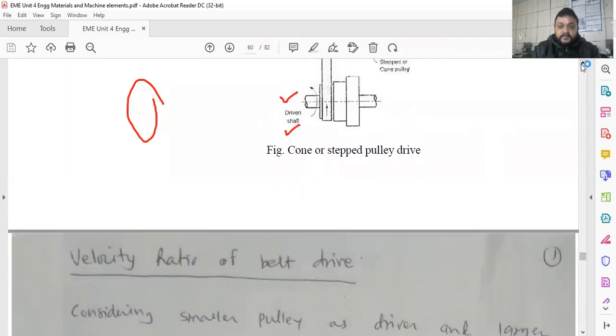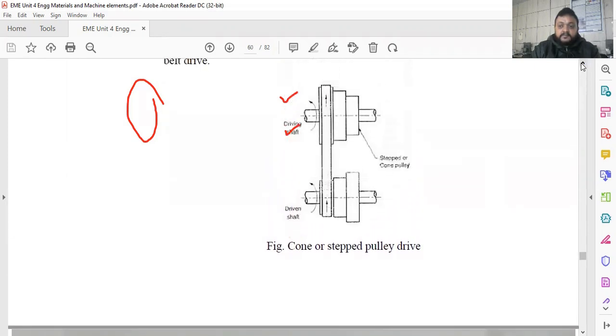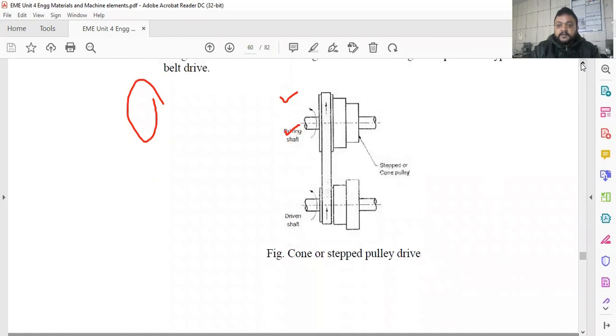Just have to see the diameter of the pulley. We are changing the diameter of the pulley, not the speed. So by changing the diameter of the pulley, say D1, D2, D3, likewise, we can achieve different velocity ratios.